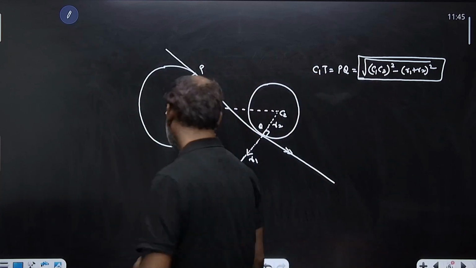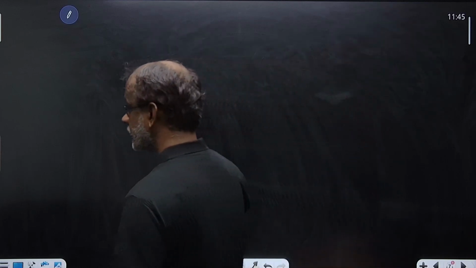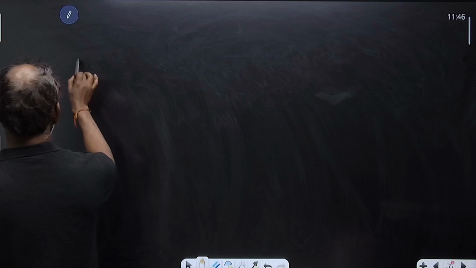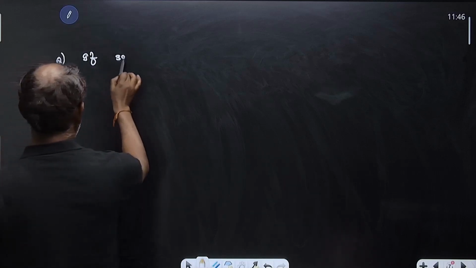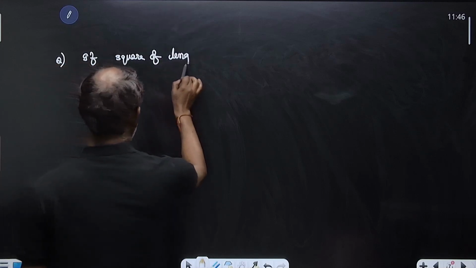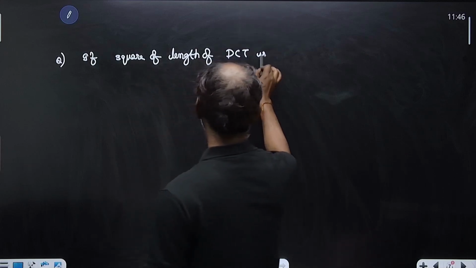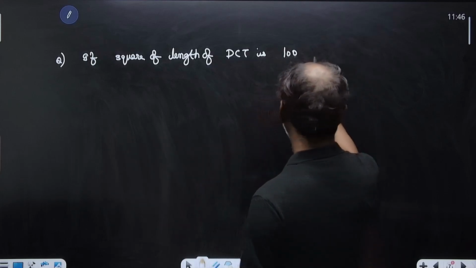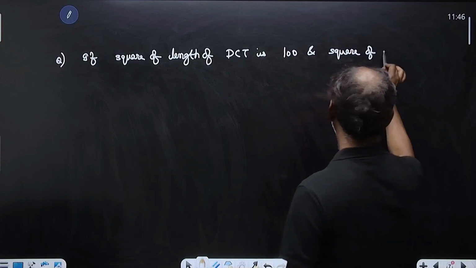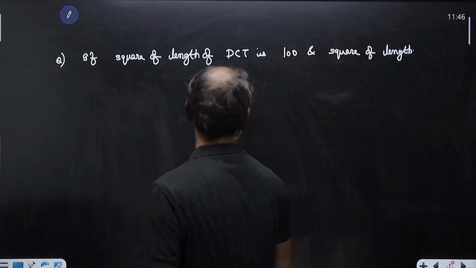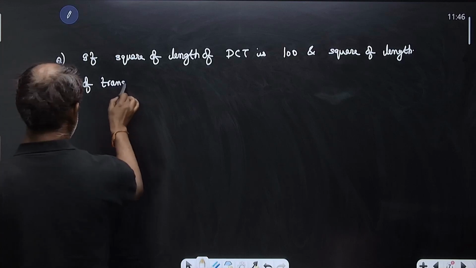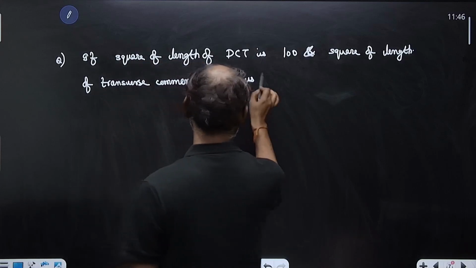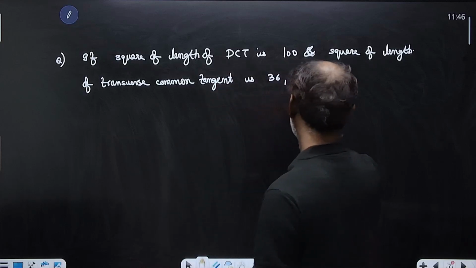Okay. So a very simple question that is asked is that suppose somebody says, if the square of the length of the direct common tangent is 100 and the square of the length of the transverse common tangent is say 36, find the product of radii.